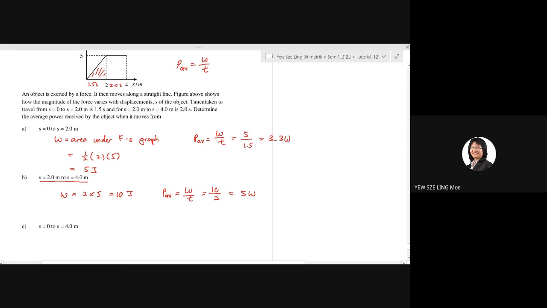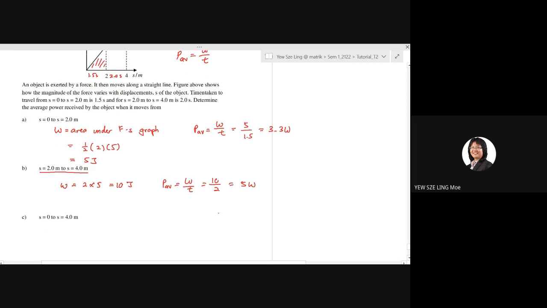Question C, very simple. So the whole work done, now you have the work done is 5 joule from question 1, 10 joule for question B. So total work done, W equals 5 plus 10, which is equal to 15 joule. And then P average is equal to 15 over, now the whole journey takes up 3.5 seconds.